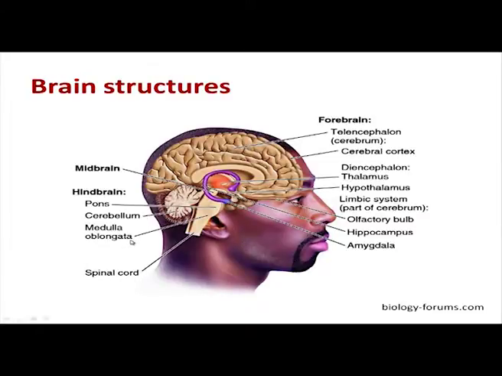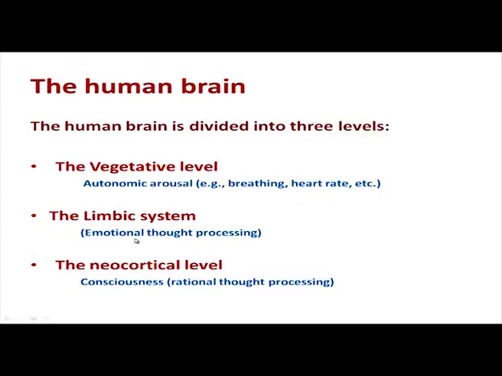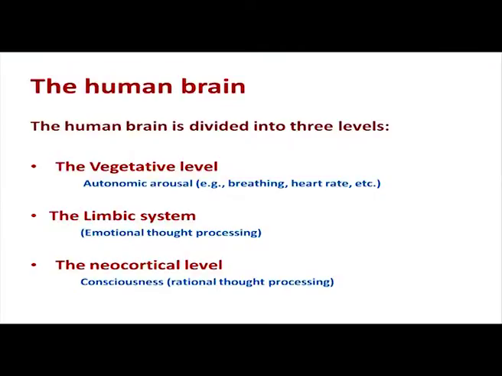Now, for our convenience, we shall discuss the brain today in a different way. So, primarily we will divide the human brain into three levels, that is the vegetative level, the limbic system and the neocortical level. The reason for doing this is we will understand how these structures are actually involved in the stressful situation.